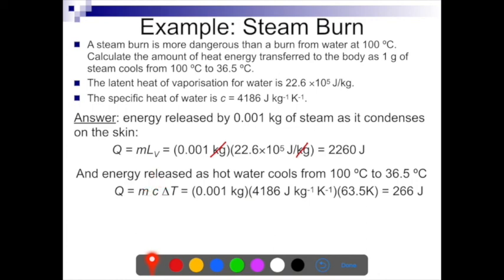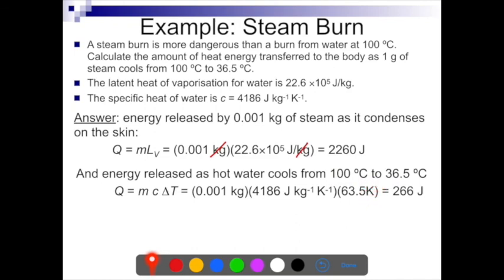Okay, and then you have the specific heat capacity of water. That's the specific heat capacity of the object whose temperature changes. So it's the specific heat capacity of water, which is given as 4186 joules per kilogram per Kelvin. Delta T is the change in temperature, which is the difference between these two temperatures. But now we convert it to Kelvin.